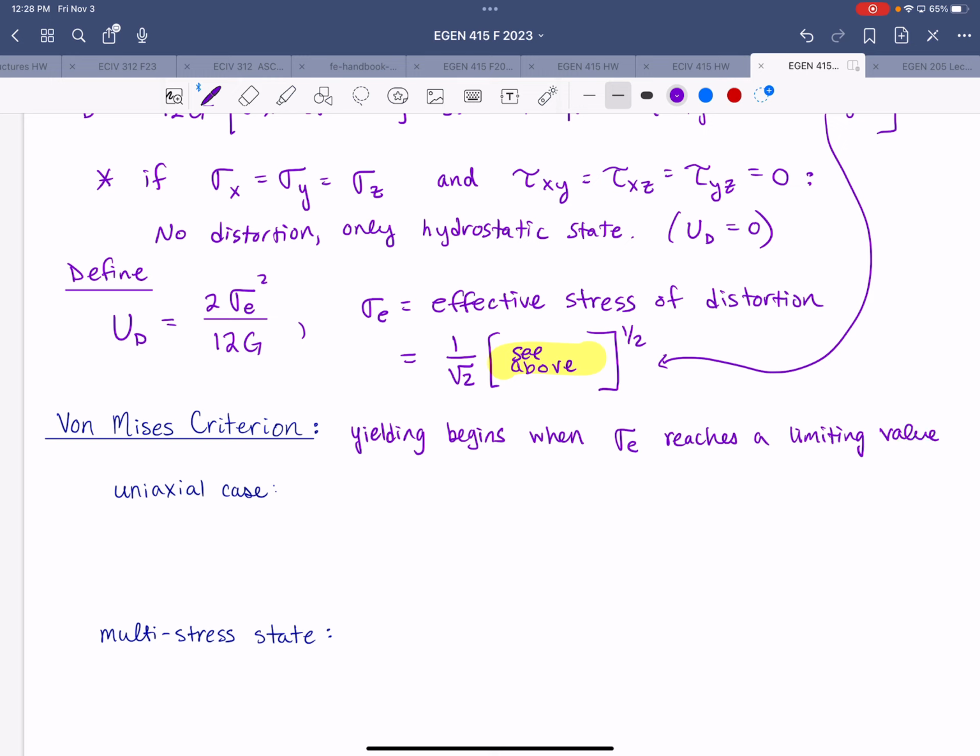So the limiting value would be, for example, the yield stress. Though if you were designing to fracture instead of yield, then you would set your limiting value to the fracture stress.